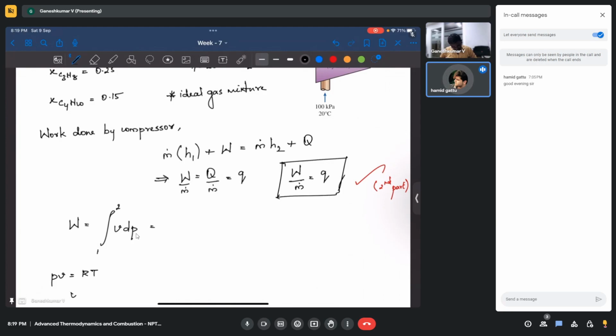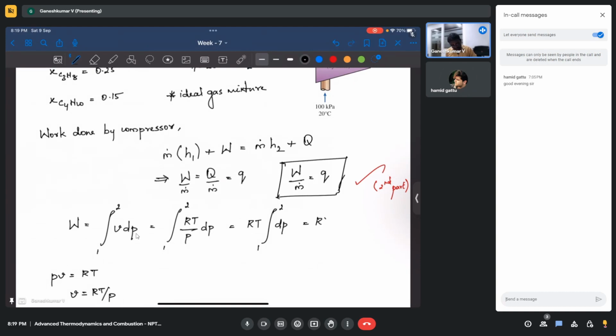We need volume as a function of pressure so that we can integrate RT by P into dP. Since R and T don't change, because the constituents are not going to change and it's isothermal, it's going to be the integral from 1 to 2 of dP by P.